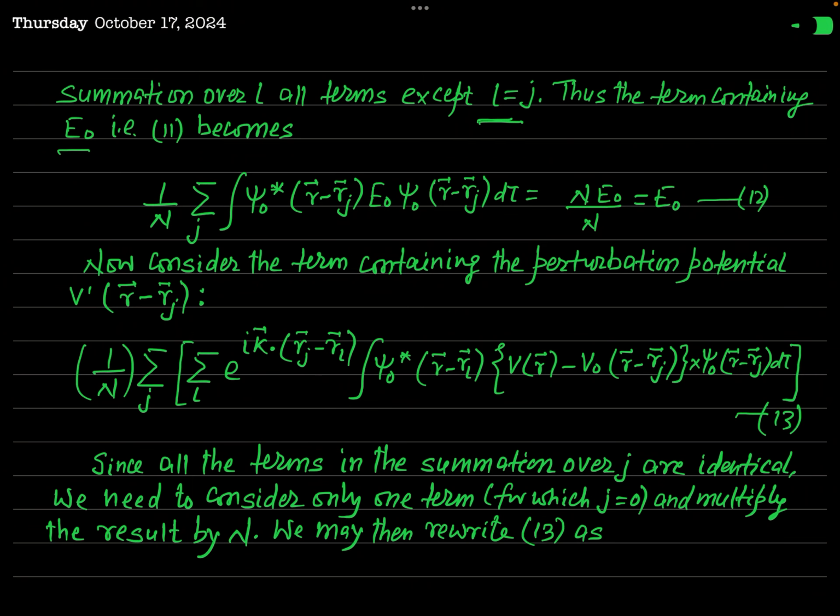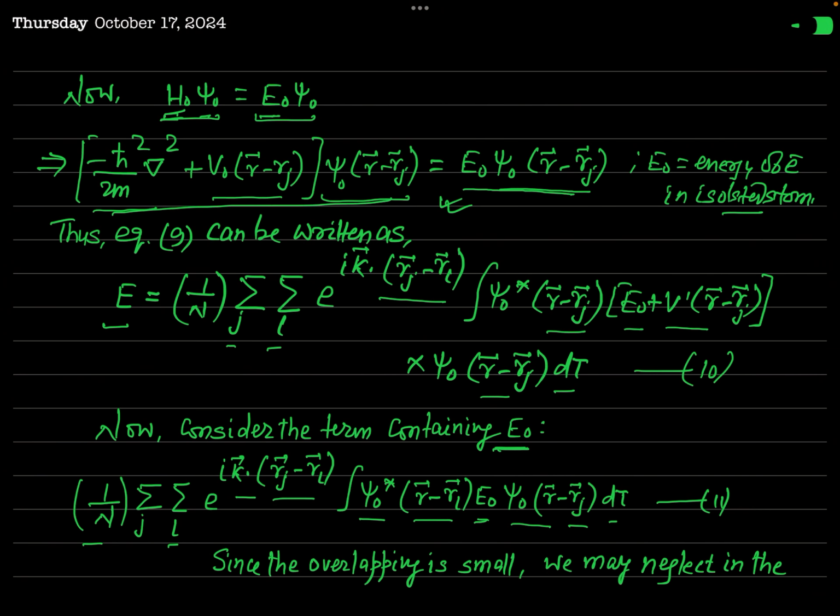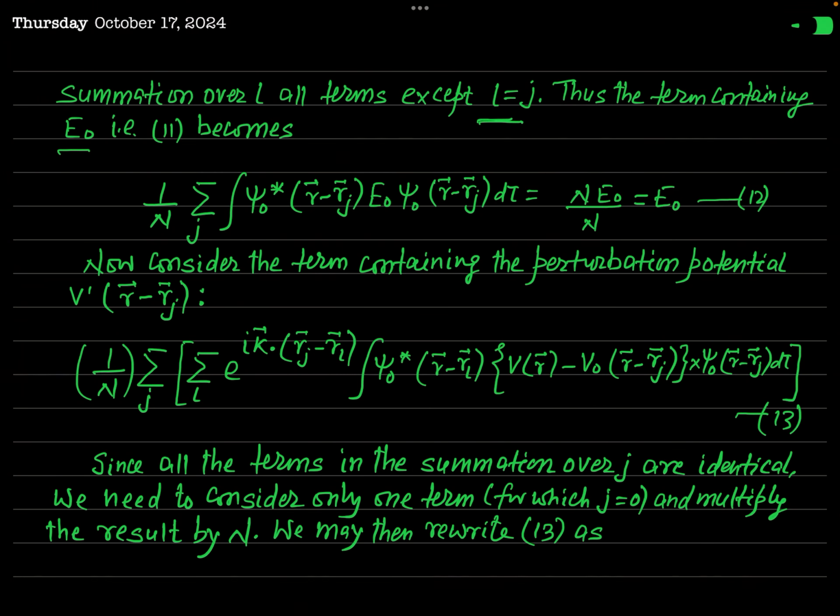In that condition, the term containing E naught will become like this: 1 over n summation over j, psi naught star of (r minus rj) E naught psi naught of (r minus rj) d tau. Actually, this integral represents the energy eigenvalue multiplied by the total number of ions.